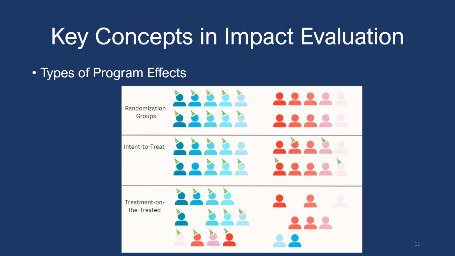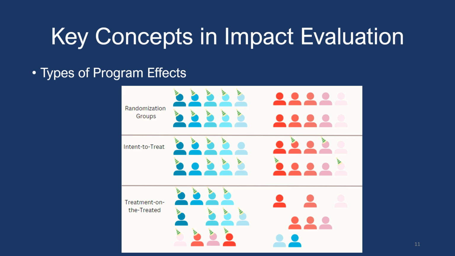So let's take a little look at our picture here on the slide. On the first level at the top, we have our original randomization groups. Those with the party hats are our intervention group. Those without the little party hats were supposed to be our control group. Drop down a level for me.